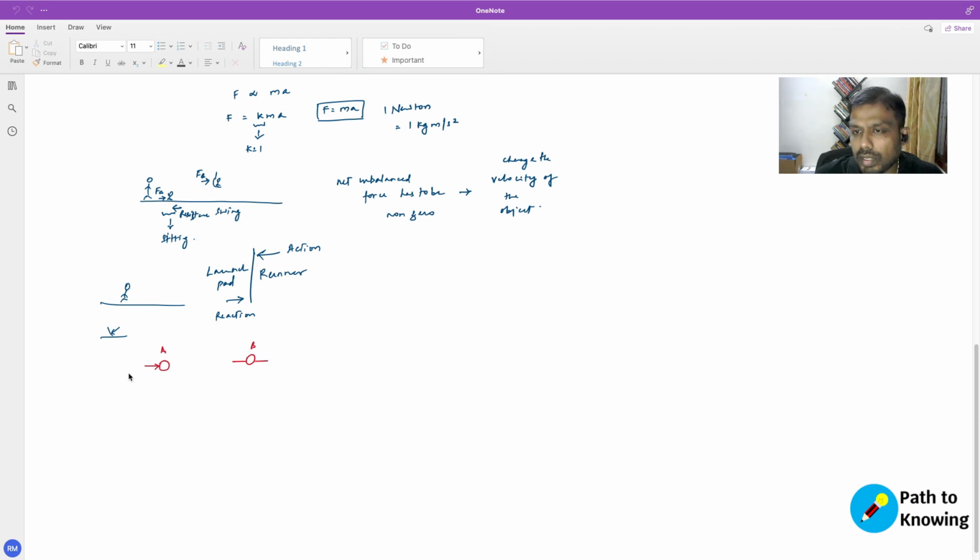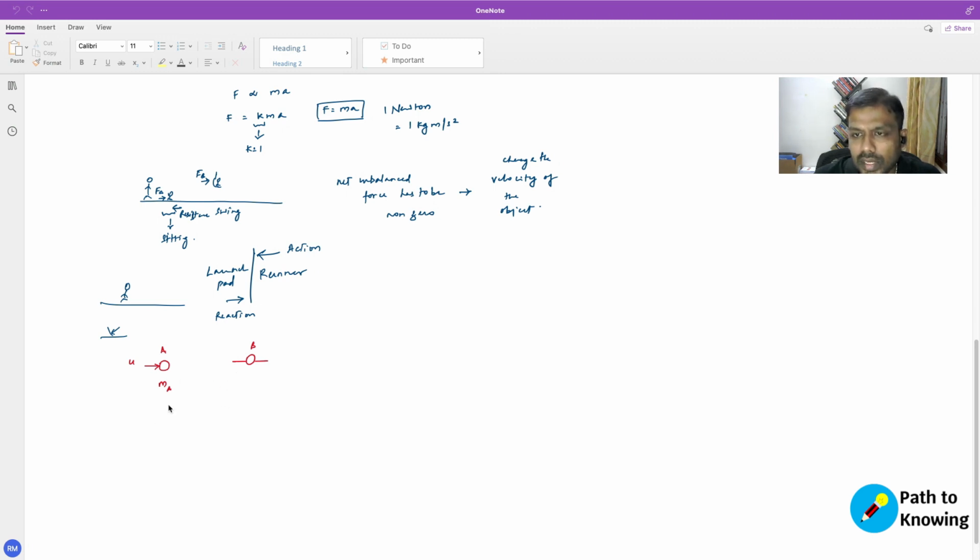And similarly, let's consider another object B, and let's consider the mass of this object to be mb, and let's consider that this object is traveling with a certain velocity of ub to begin with, right? So let's consider this scenario.